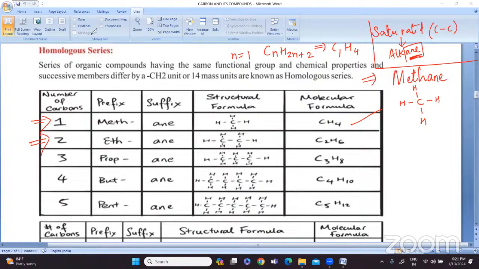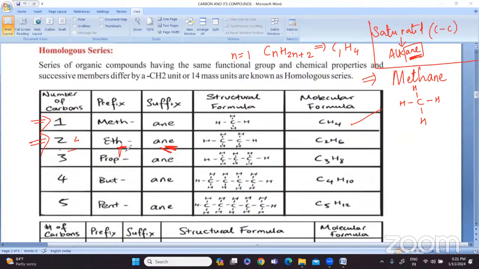Next is when you have carbon atoms 2. The number of carbon atoms is 2, then the prefix will be eth, and the suffix is ane. So now you know the meaning of prefix and the meaning of suffix.